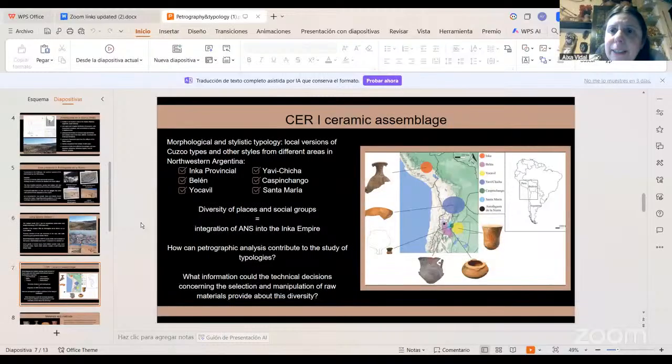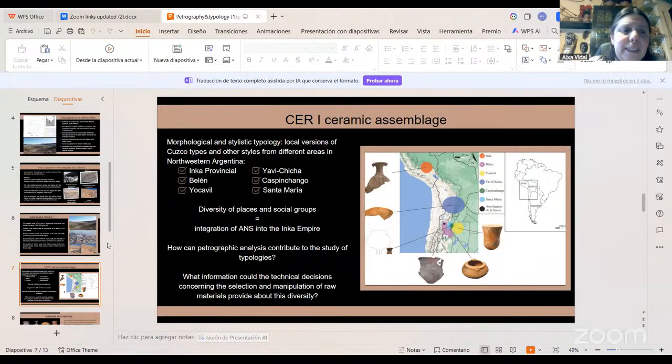So this is the result we have applying morphological and formal typologies. But how can petrographic analysis contribute to the study of these typologies? What information could the technical decisions concerning the selection and manipulation of raw materials provide about this diversity?